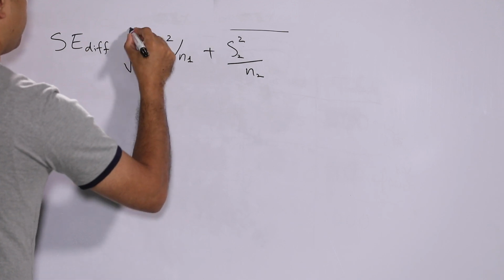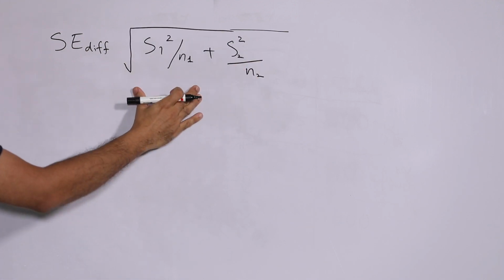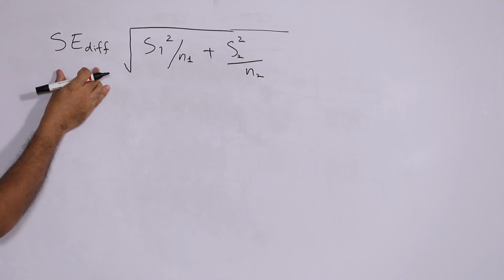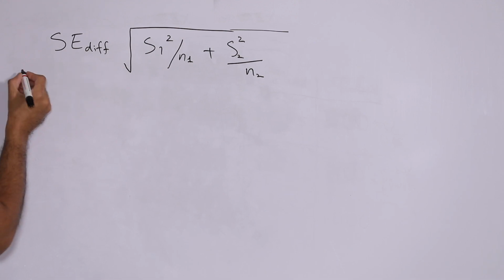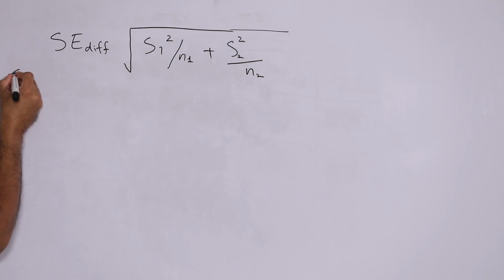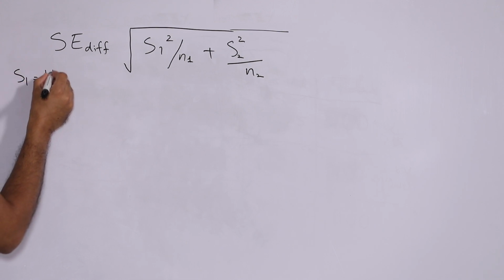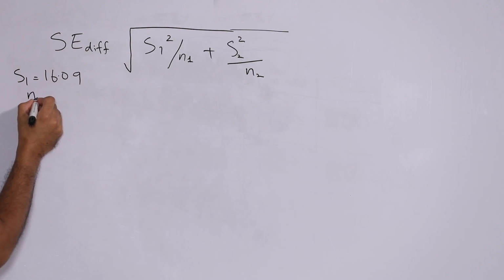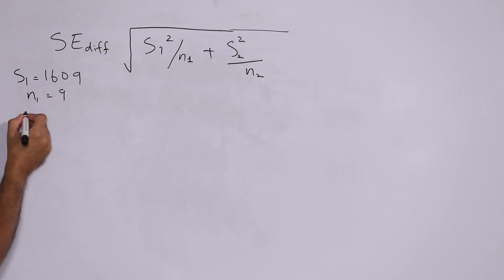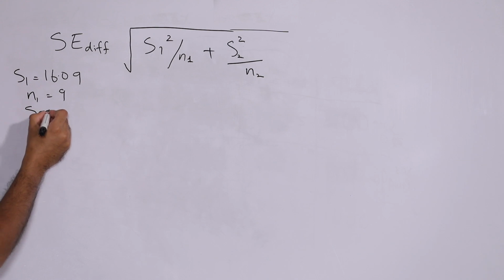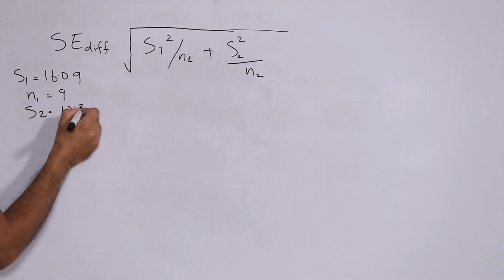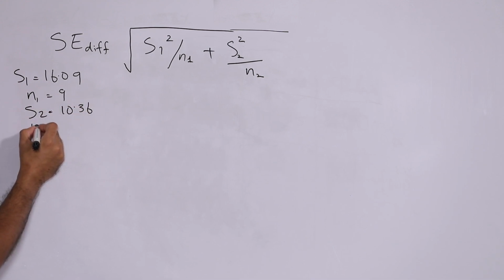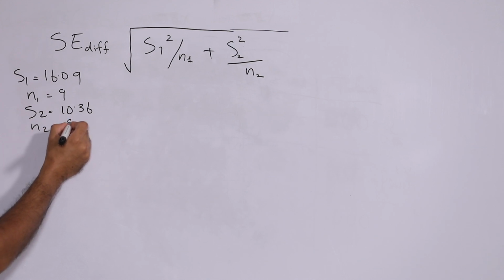What we know is that S1 is equal to 16.09 while N1 is equal to 9. For the second group, S2 is equal to 10.36 while N2 is equal to 8.